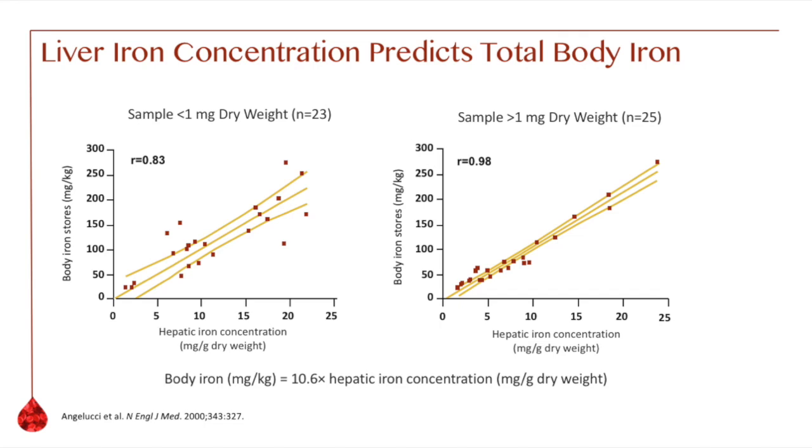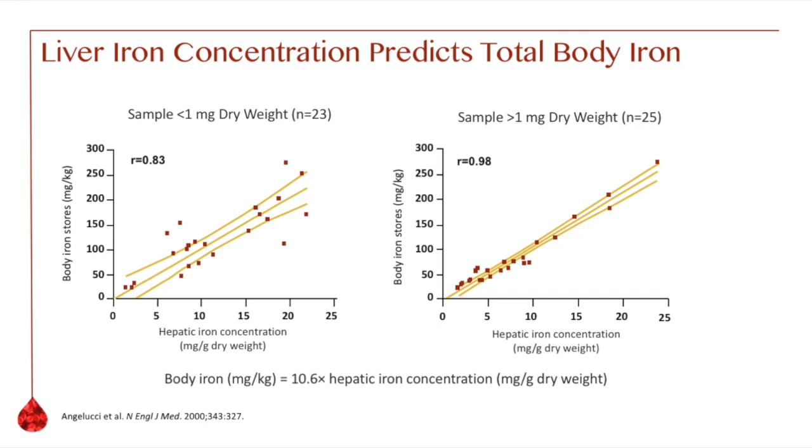The left panel, depicting 23 samples that were less than 1 gram dry liver weight, shows greater variation than the right panel, which depicts 25 samples that were greater than 1 gram dry liver weight. In the larger samples, there is a closer and excellent correlation between hepatic iron concentration and the total body iron. There is a very strong correlation between hepatic iron concentration and body iron stores.